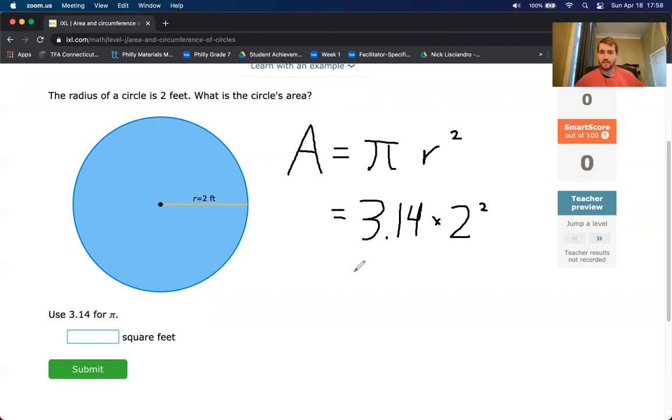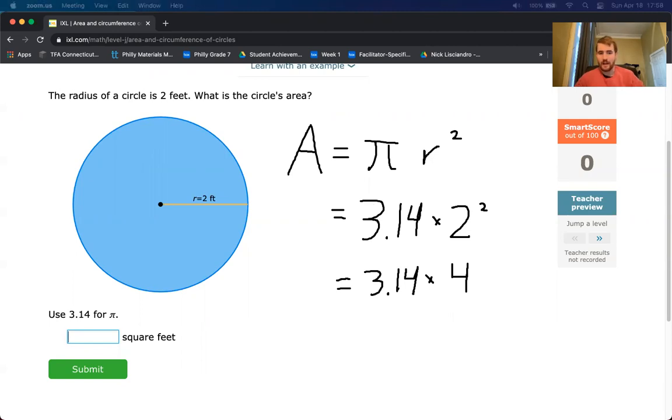Next step, we just evaluate it. So to do this, the first step we have to do is the exponents. We always do exponents before we multiply. So 2 squared, that is going to be 4. And then we have 3.14 times 4. Don't try and do this math in your head unless you want to.